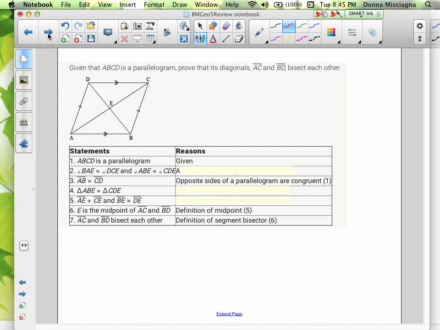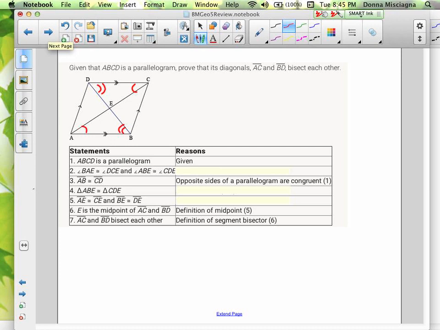Angle BAE is congruent to angle DCE, and angle ABE is congruent to angle CDE.